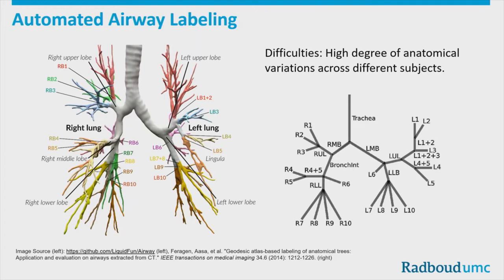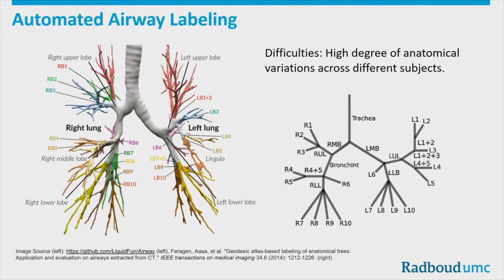So human beings have five lobes: right upper, right middle, right lower, and left upper and left lower. And each lobe bronchus will further lead to segmental branches, which is RB. For instance, for the right upper lobe bronchus, we have RB1, 2, 3 as segmental branches.